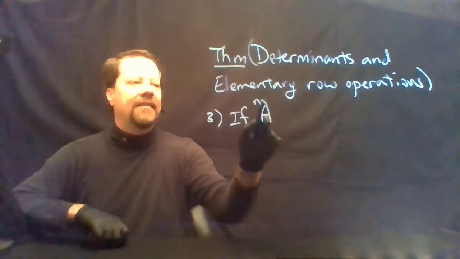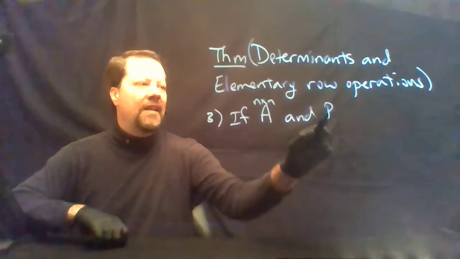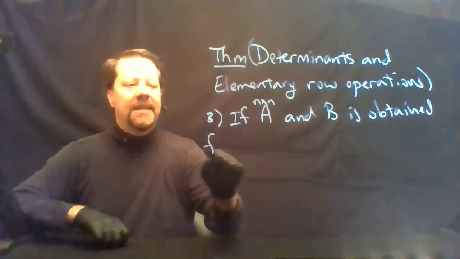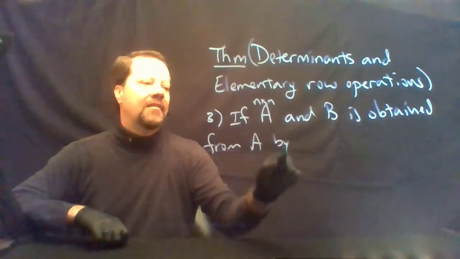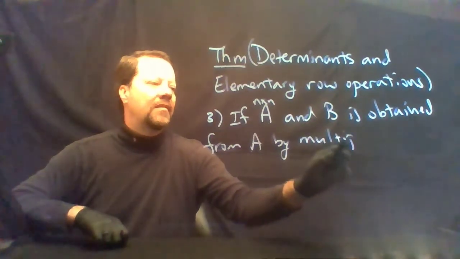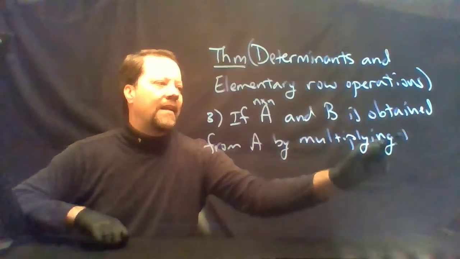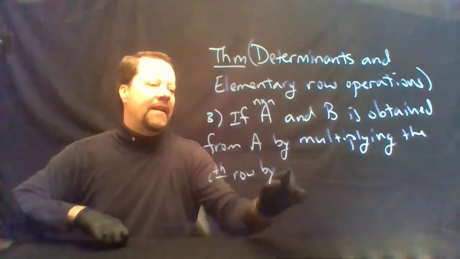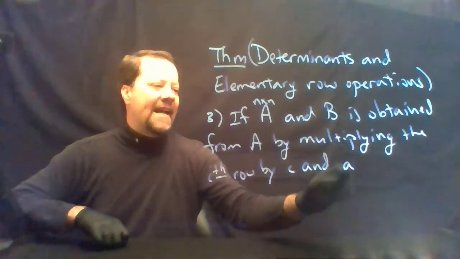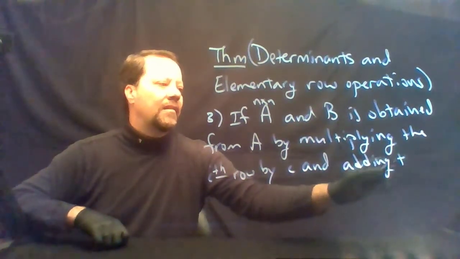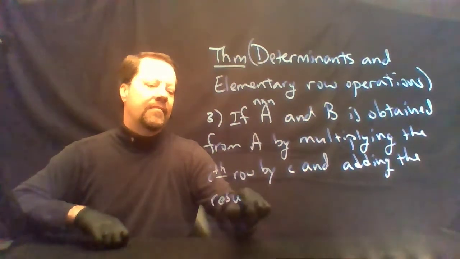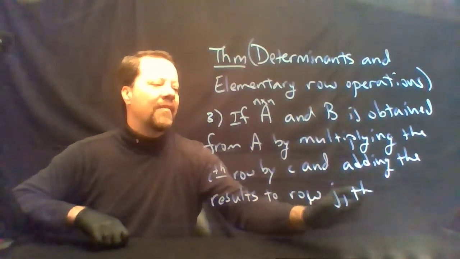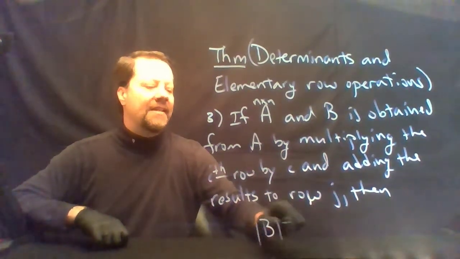If A is n by n, and B is obtained from A by multiplying the ith row by C and adding the results to row J, then the determinant of B is affected how?